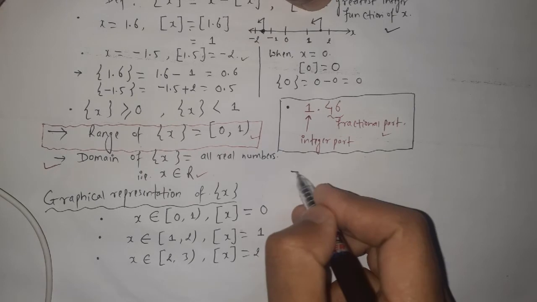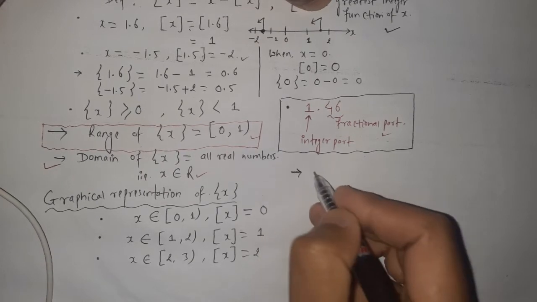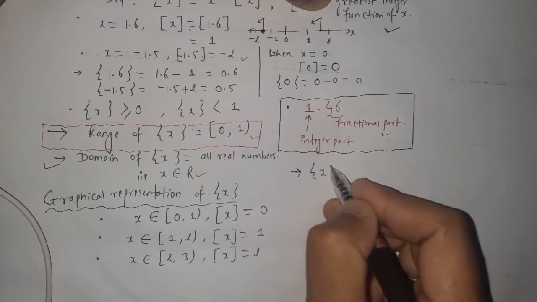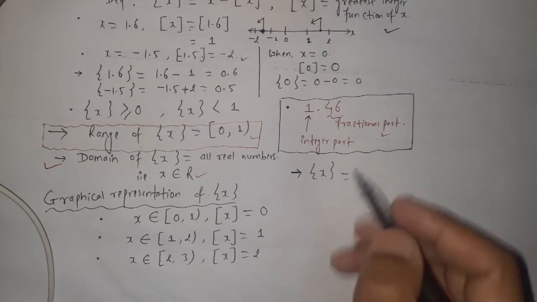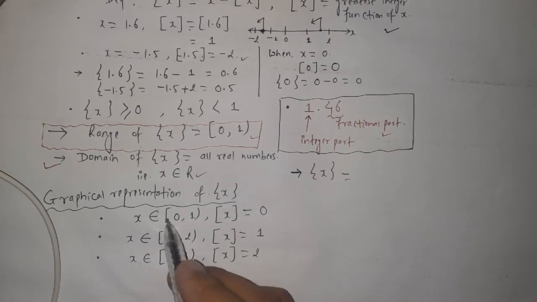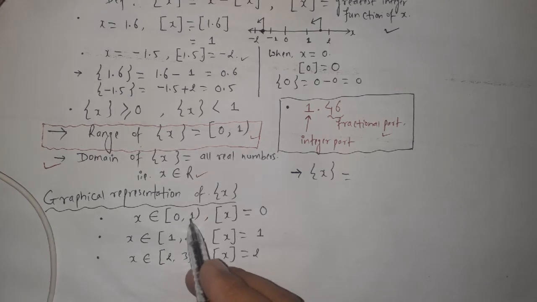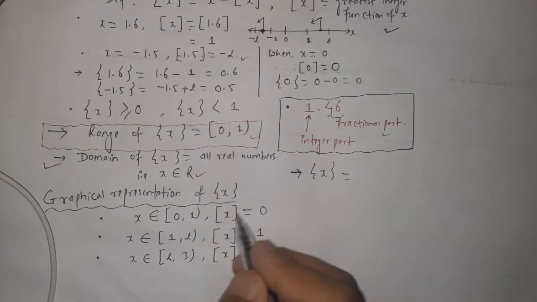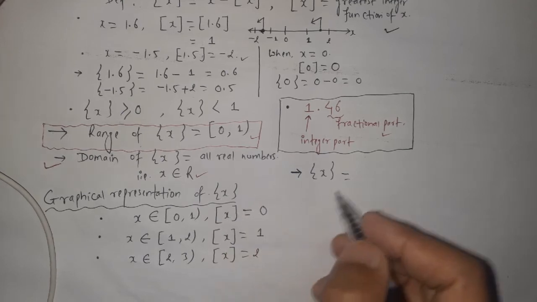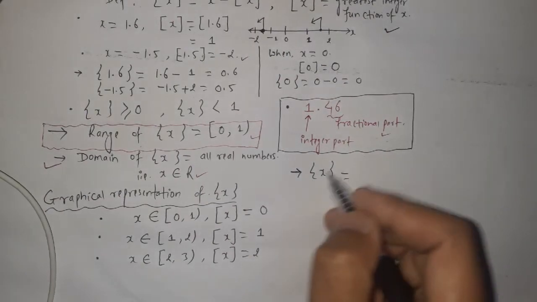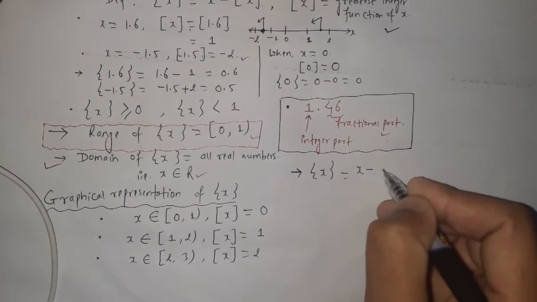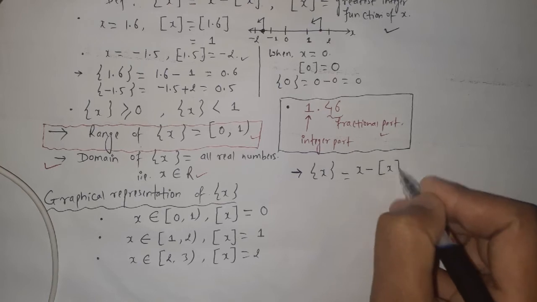With this concept of the greatest integer function, let's talk about the fractional part function and define it. The definition of the fractional part function is the input minus the greatest integer of the input.